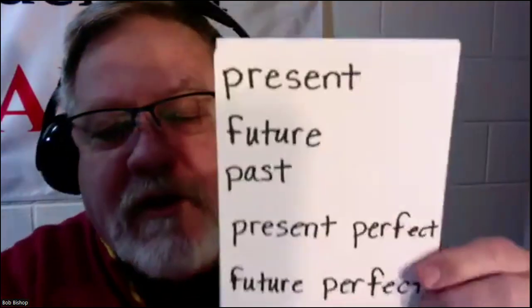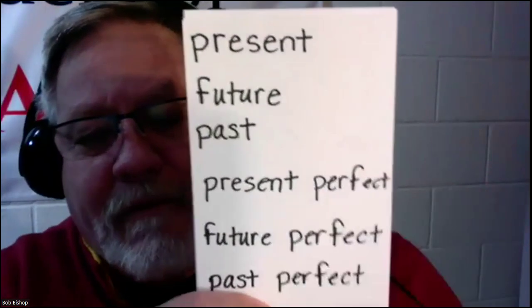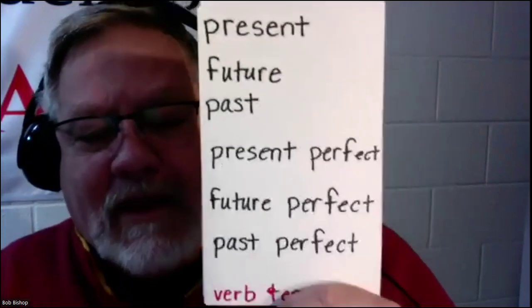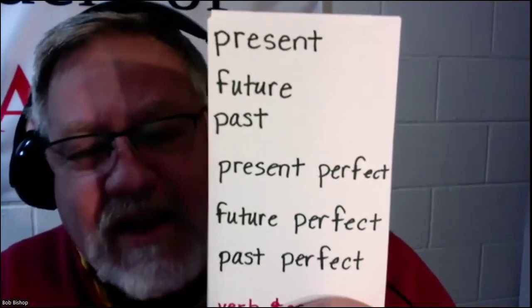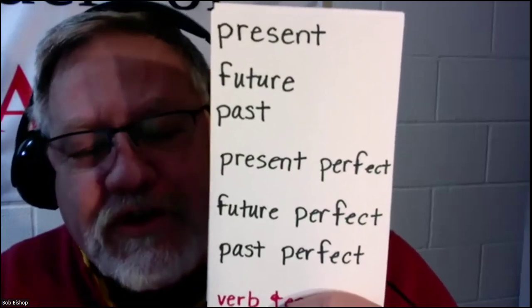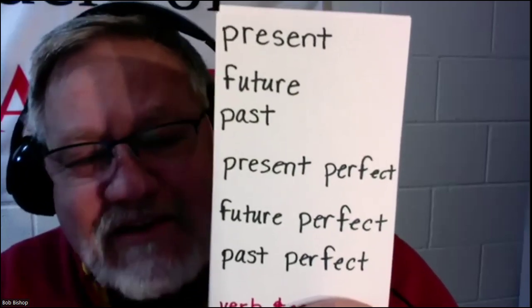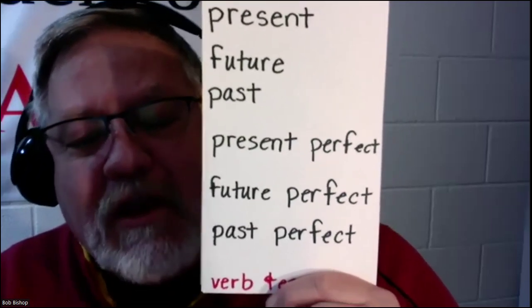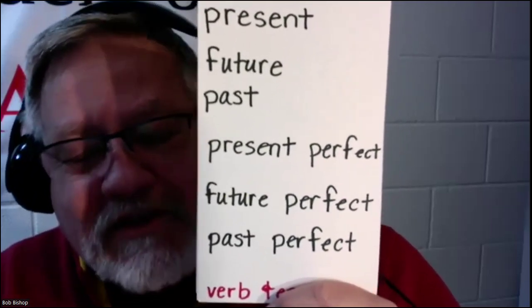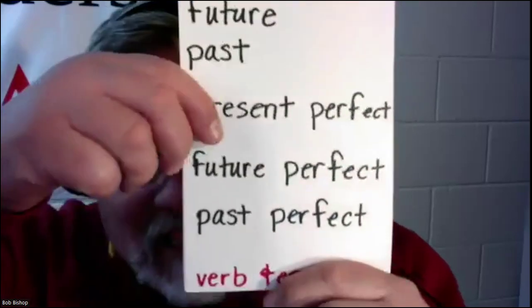All right. Now, I'm going to go back to what we haven't done in a little while. These are called tenses. Present tense, future tense, past tense, present perfect tense, future perfect tense, and past perfect tense.